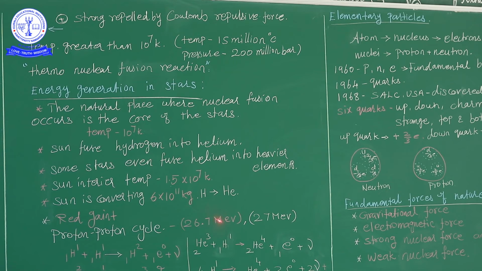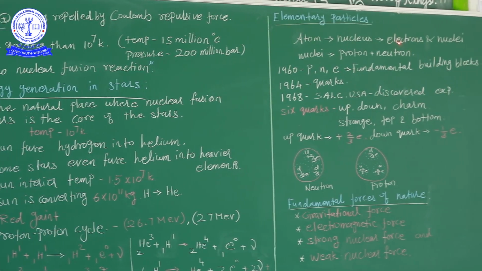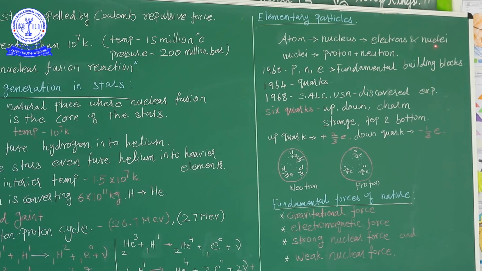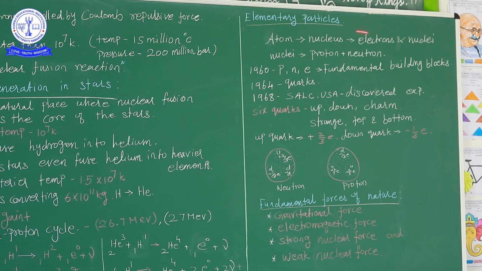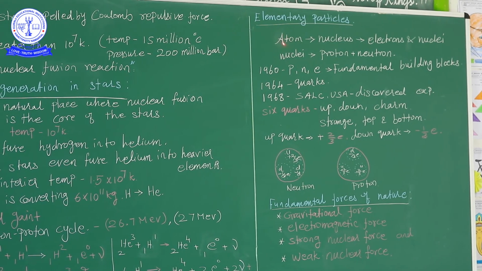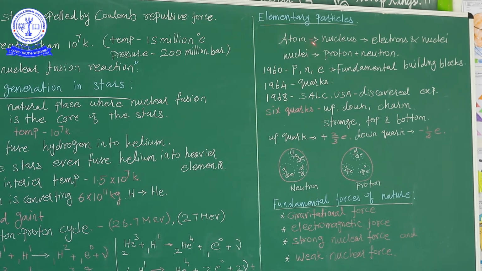And then the third topic is elementary particles. What are elementary particles? An atom has a nucleus surrounded by electrons. You saw the atom and the nucleus in previous classes. The nucleus is a combination of protons and neutrons.